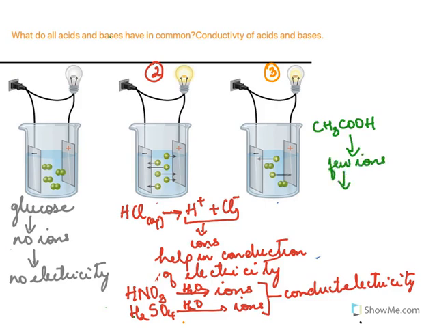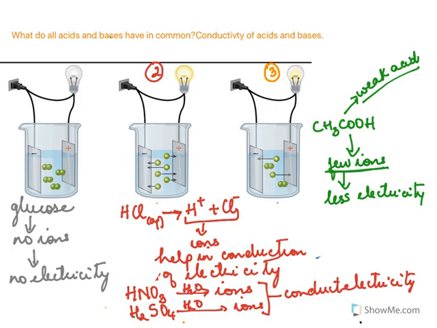Few ions, hence the electricity is less or not so strong. Hence the bulb was glowing dimly, because acetic acid, as you have learned in earlier videos, is called a weak acid. Why is it called a weak acid? It gives few ions, and because it gives few ions, there is less electricity.